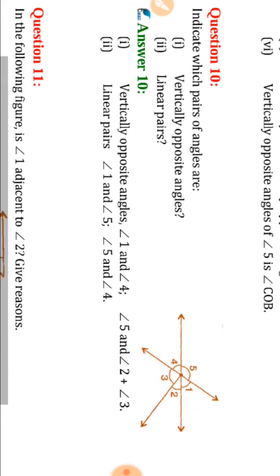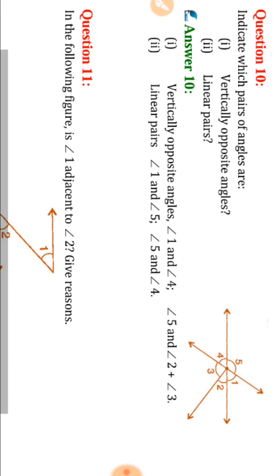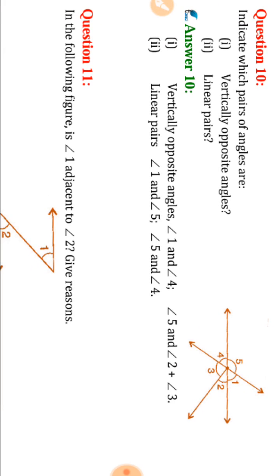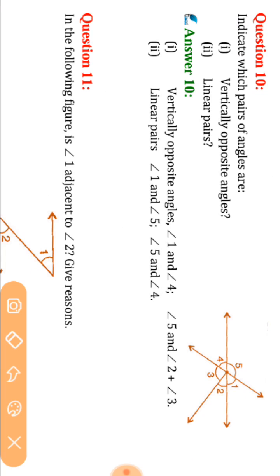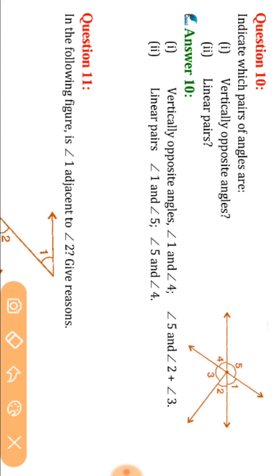So the 10th one: indicate which pairs of angles are vertically opposite. If you take 5, the opposite to that is 2 and 3. Yes, 2 and 3. Again, vertically opposite angles are 1 and 4.